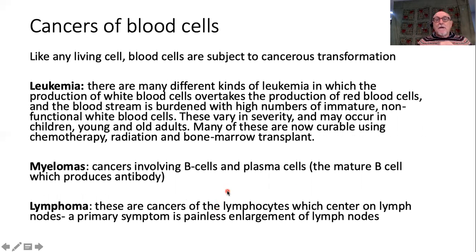Lastly, let's talk a little bit about cancers of the blood cells. Remember that all of our blood cells are being produced in the red bone marrow. They're being produced by division of stem cells, which then go on to develop and divide. Whenever we're talking about cells dividing, we open up the possibility that control over that division gets lost for one reason or another.